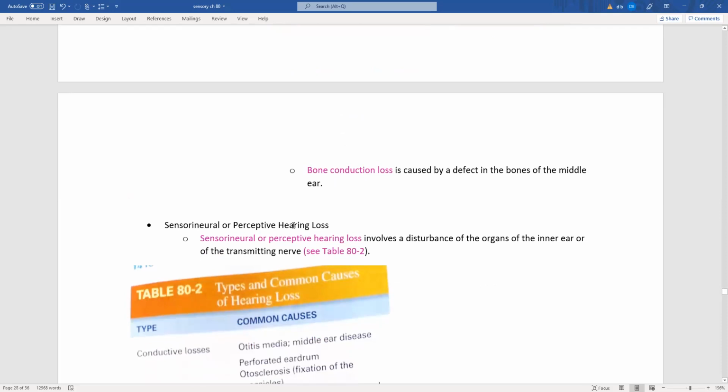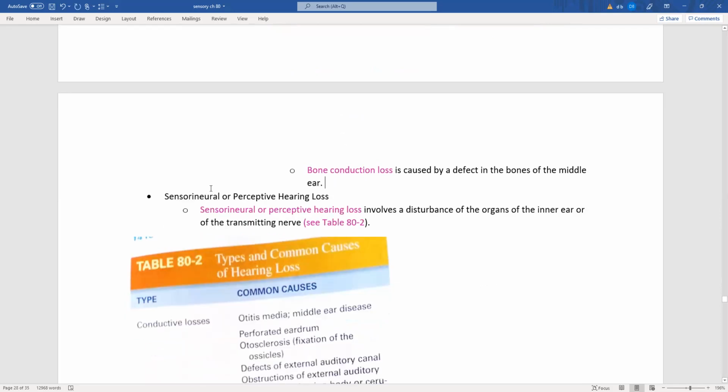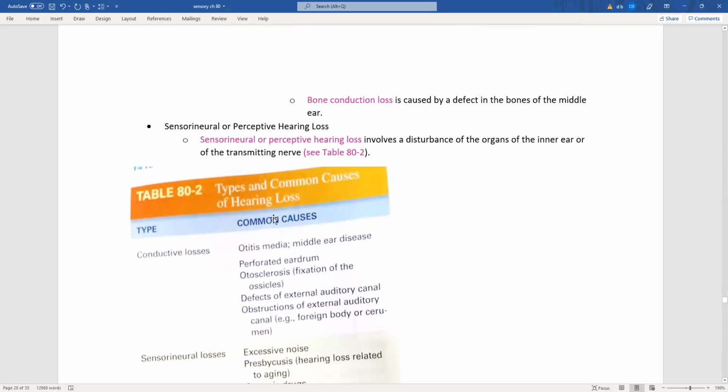So sensorial or perceptive hearing loss involves a disturbance of the organs of the inner ear or of the transmitting nerve, right?